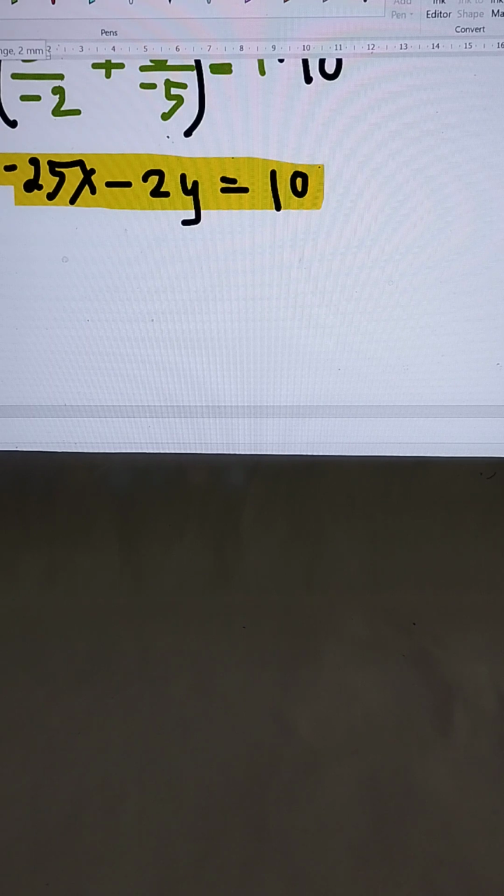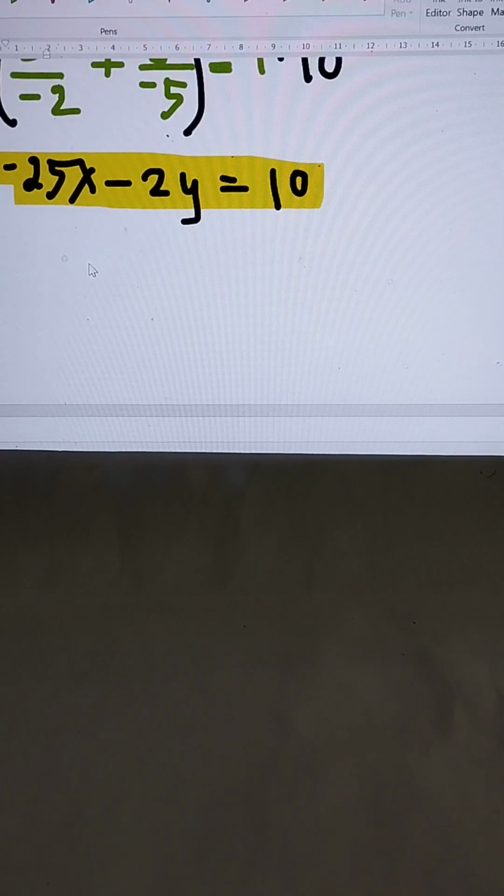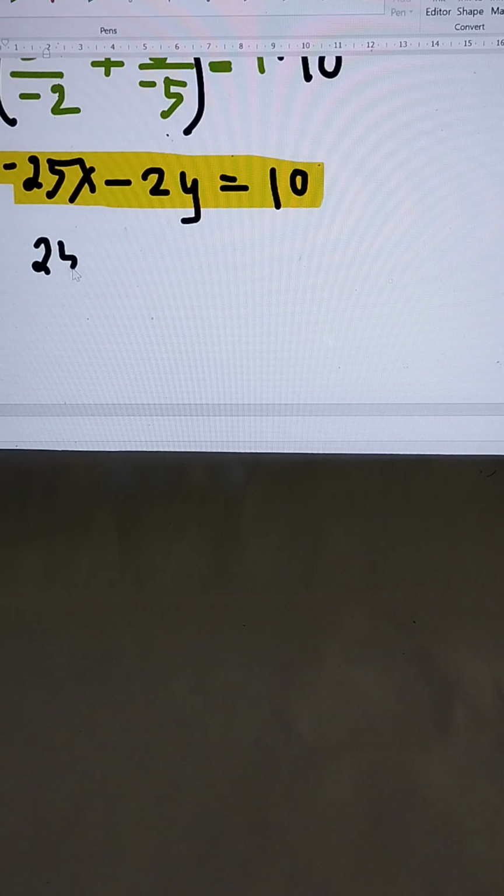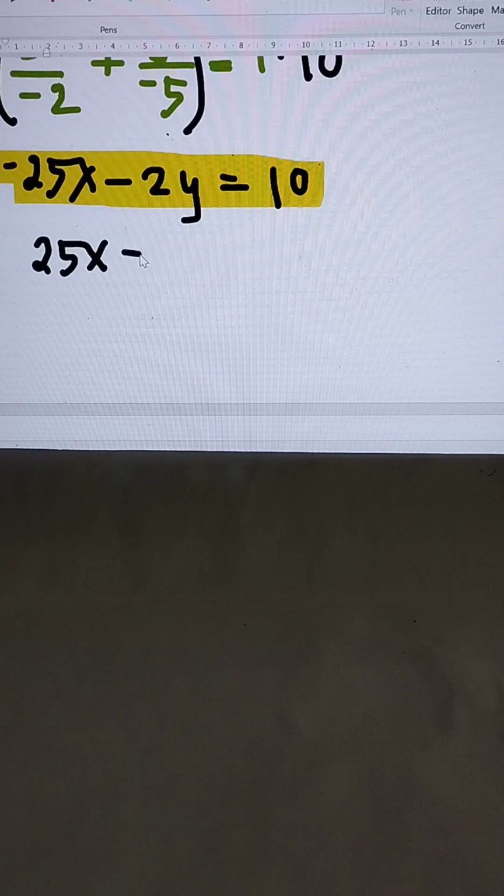Now we can also find the equivalent equation by simply changing the sign of all the terms. So we change negative 25x into 25x, negative 2y into positive 2y, then equal to 10.